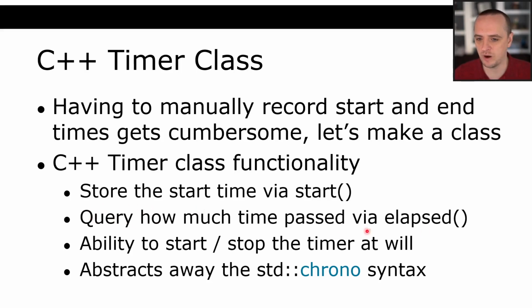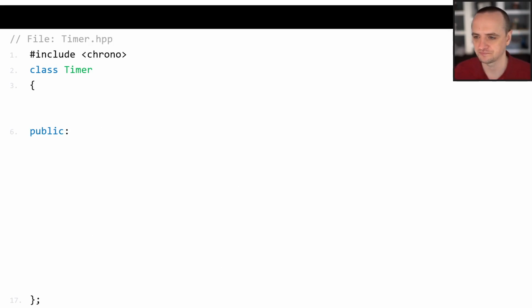We're going to be able to query how much time has passed since we called start with elapsed. And we are going to have the ability to start and stop the timer at will. What this does is abstract away the standard chrono syntax, which is, as you will see, incredibly verbose. So standard chrono is great. It gives us a lot of functionality built right into C++, but it's pretty verbose. So we'll see exactly how verbose.